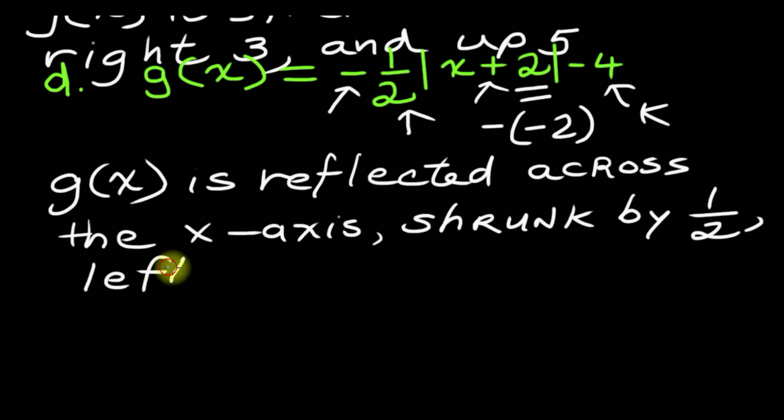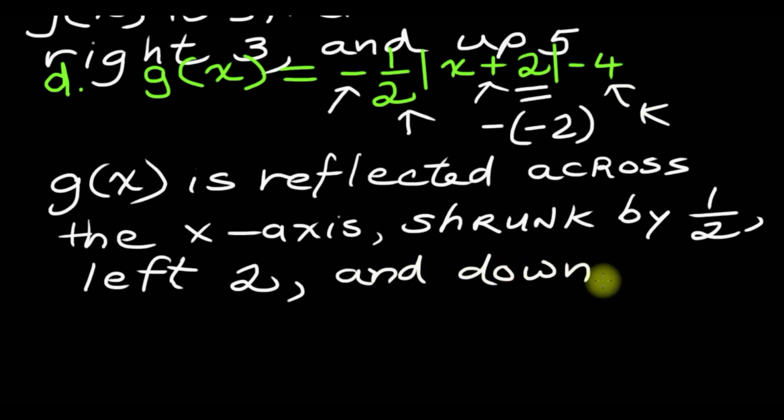So you go left. How many units? 2 units. And then the last one, it's -4. You just say down 4 units. So from the parent function, this is what it's doing with all those variables, a, h, and k.